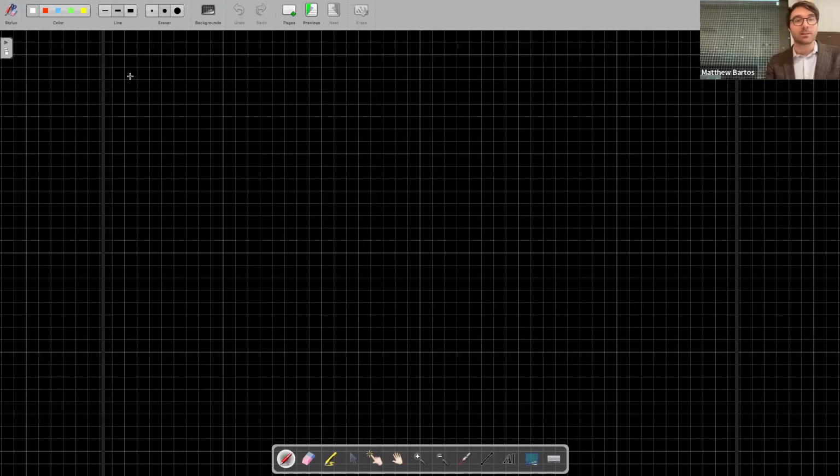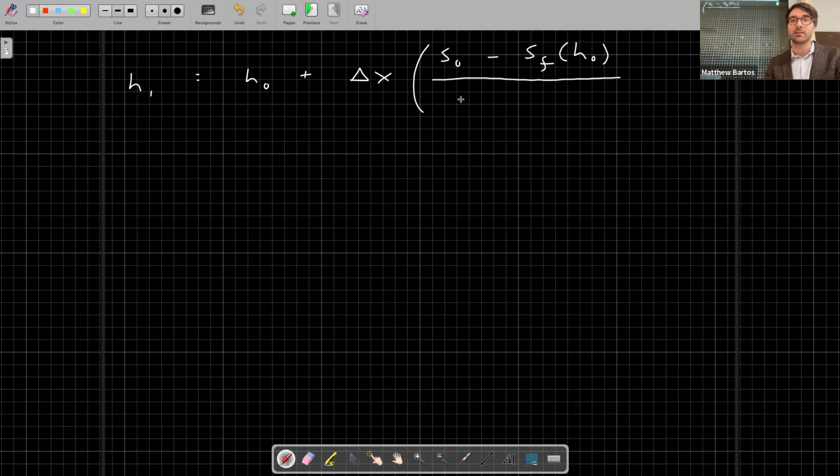We will get something like H1 is equal to H0 plus delta X times quantity S0 minus SF evaluated at the critical depth H0, divided by 1 minus the Froude number squared evaluated at H0.